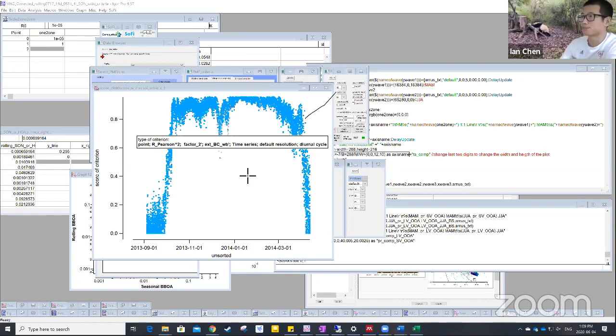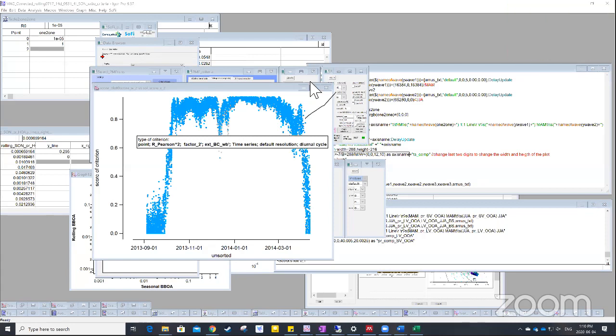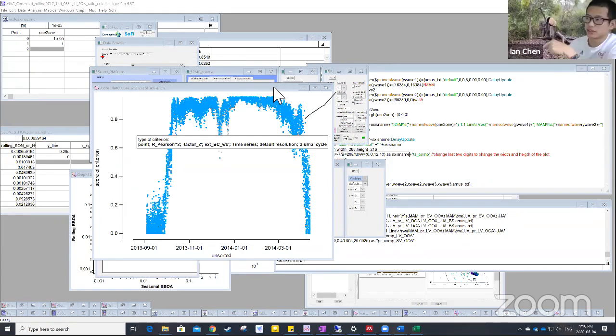And I guess so far the p-value approach is actually very promising for Anna's data, at least.